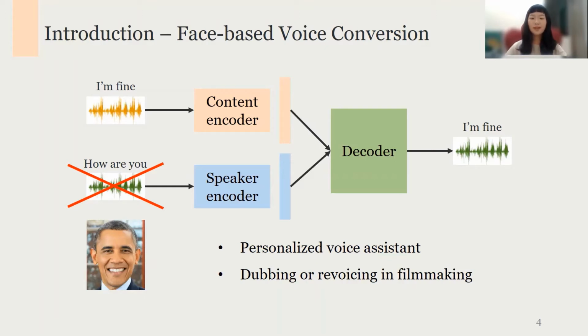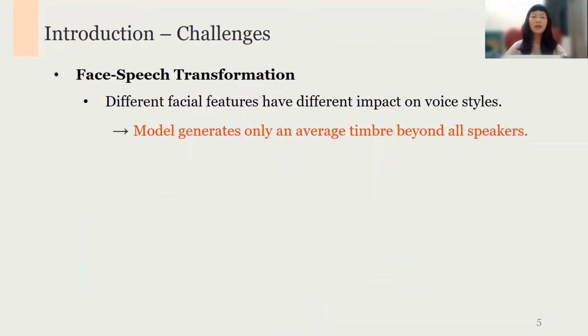One intuitive way to achieve face-based voice conversion is to change the acoustic features of the target speaker to the facial features. However, it will cause two main challenges. The first challenge is face-speech transformation. The facial images and speech are cross-domain.